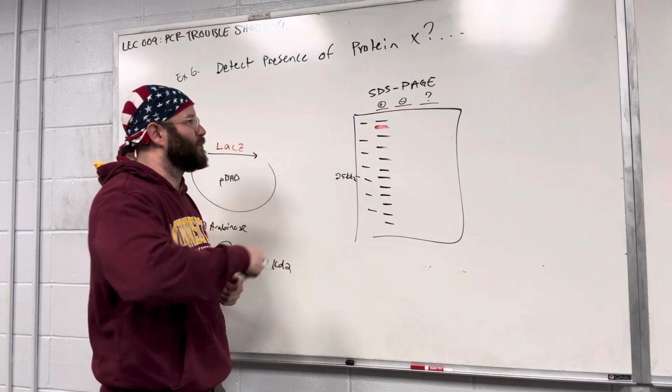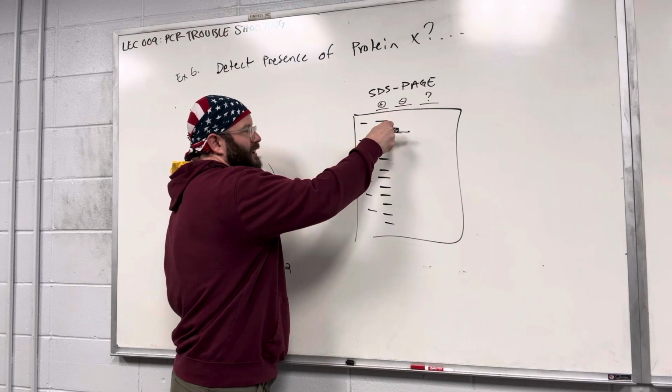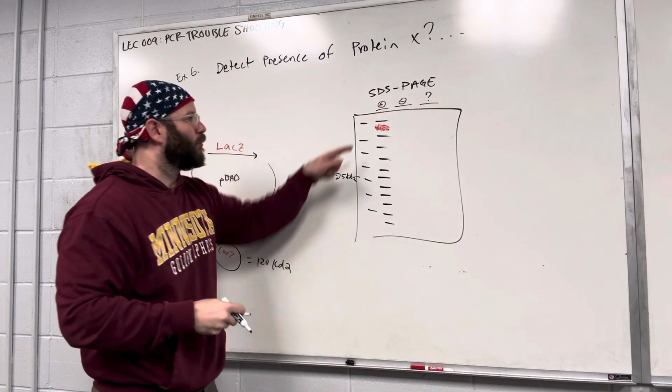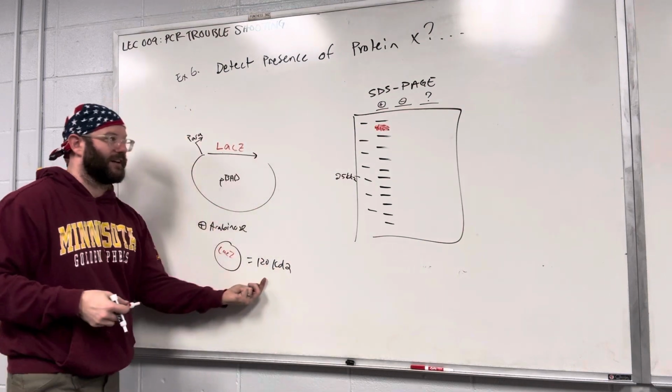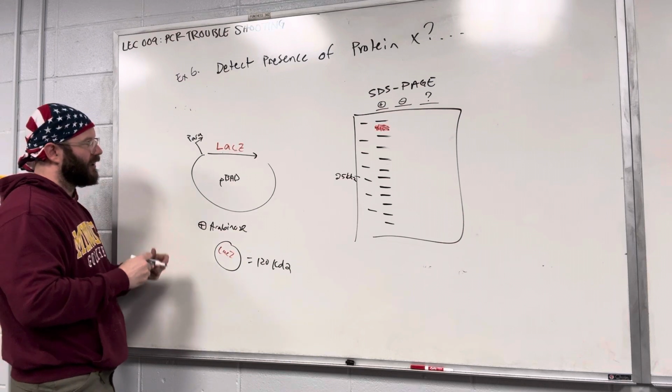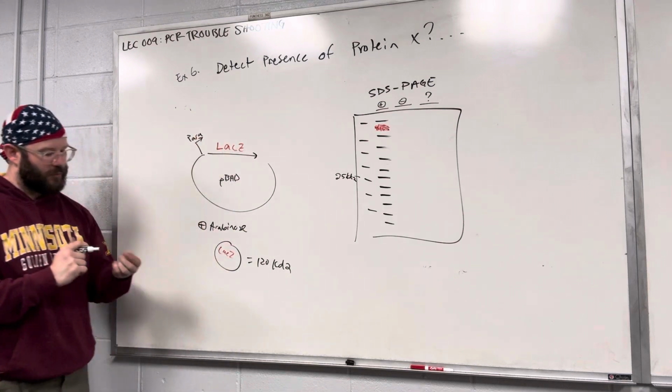And then you would probably see a really, really abundant band at about 120 kilodaltons in the positive control, okay? So then what is your negative control? What should be your negative control?